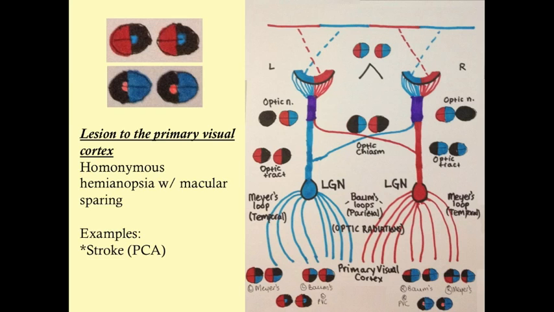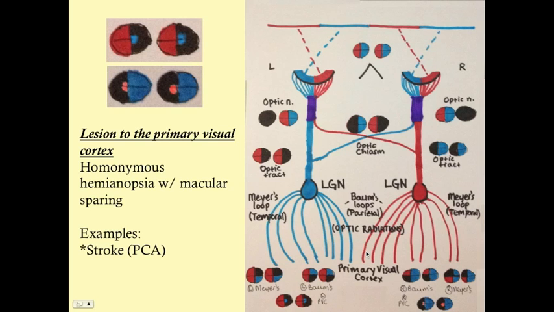So if you have a left PCA stroke, meaning a stroke to your right visual fields, you will actually maintain some of the middle part of your right visual fields, because the middle part of the visual fields are fed by both the left and the right PCA. So the right PCA will still be able to keep those neurons alive, and that's called macular sparing.